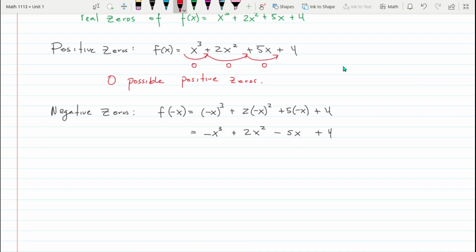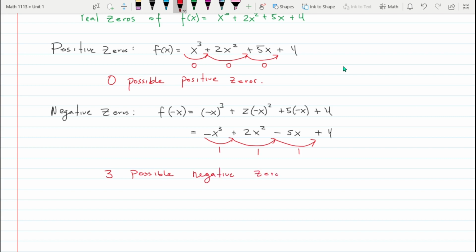From a negative to a positive, we have 1. From positive to a negative, we have another sign change. And then from negative to positive, we have another sign change. So all in all, we have 3 possible negative zeros.